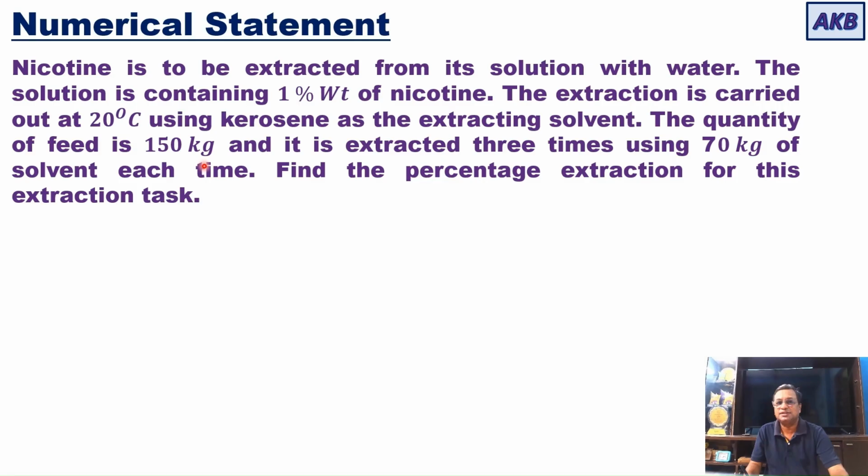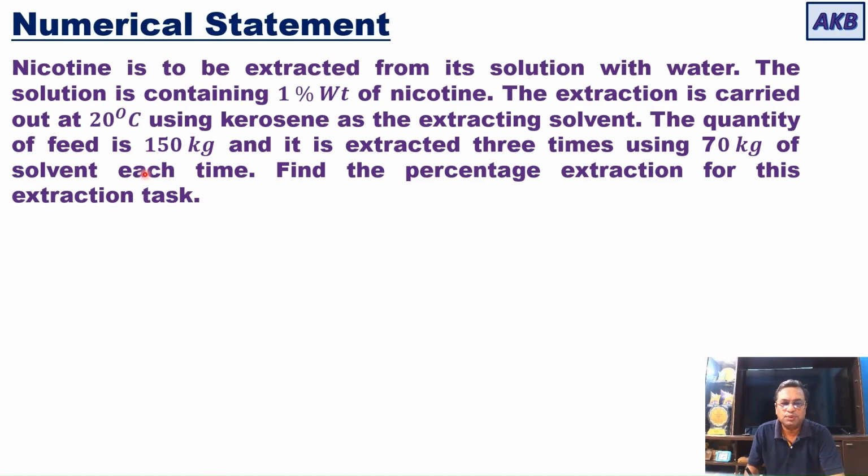That means it is to be extracted in 3 cross-current stages using 70 kg of solvent in each stage. So the meaning of this is we have to use a 3-stage cross-current operation, and in each stage the quantity of solvent that is used is 70 kg. So under these circumstances, we are supposed to find out the percentage extraction in this extraction task.